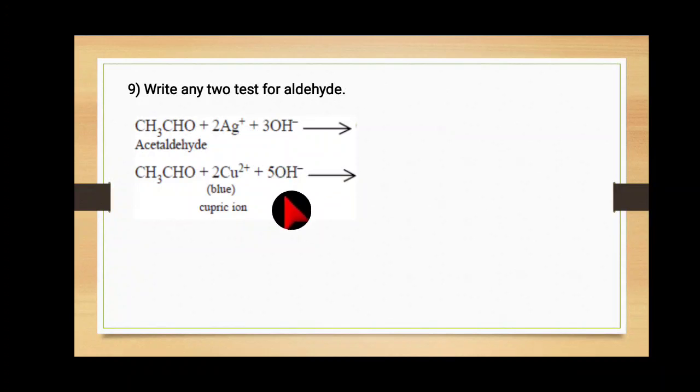Acetaldehyde is treated with Tollens reagent, an ammoniacal silver nitrate solution. When an aldehyde is warmed with Tollens reagent, a bright silver mirror is produced.